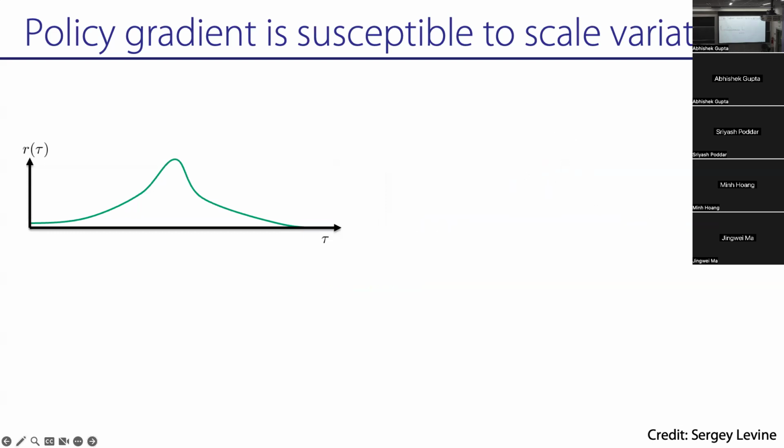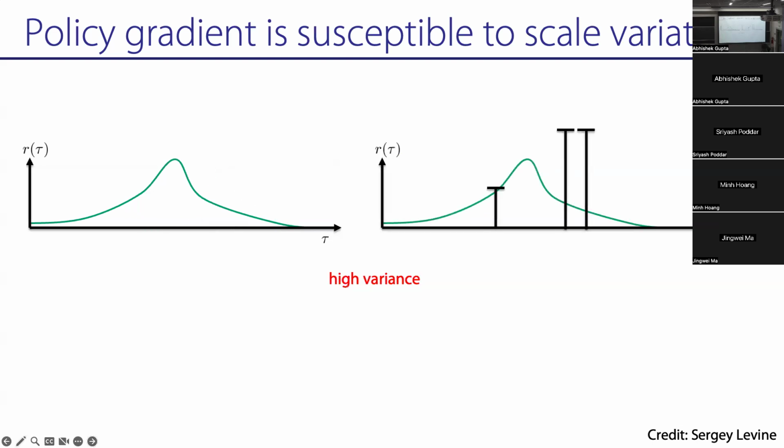I should have put these on the same plot, but if you look at the previous amount of movement, you push down some stuff, you push up some stuff. And now what you're saying is I just added a constant to all the rewards and that really shouldn't affect the gradient, right? So what's going to happen now is that everything's going to get pushed up, some less than others, right? And that's going to result in a different update, right? So basically just by changing the scale, you result in a different update.